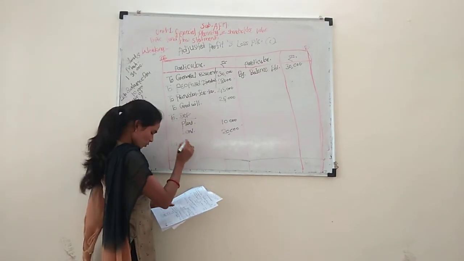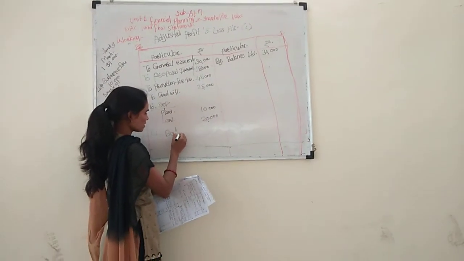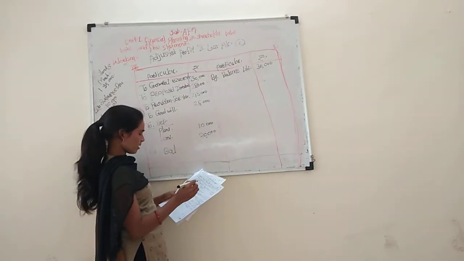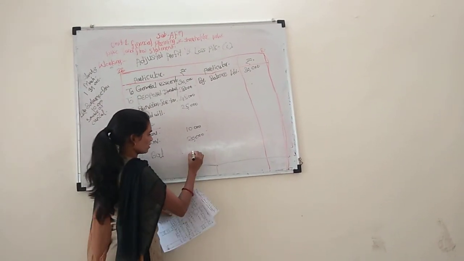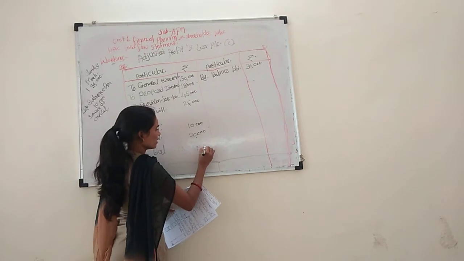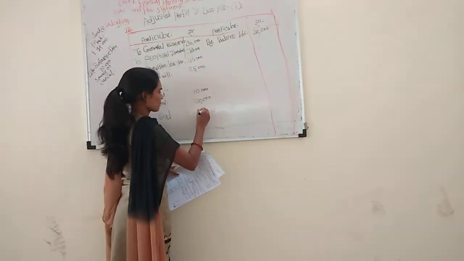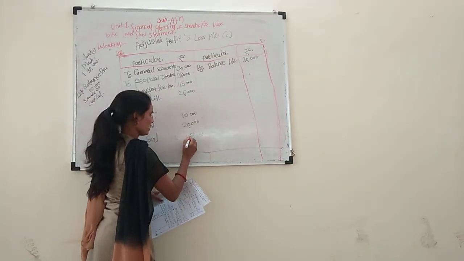This side, to balance carried down, show the balance sheet profit and loss account, liability side, to balance carried down 48,000.